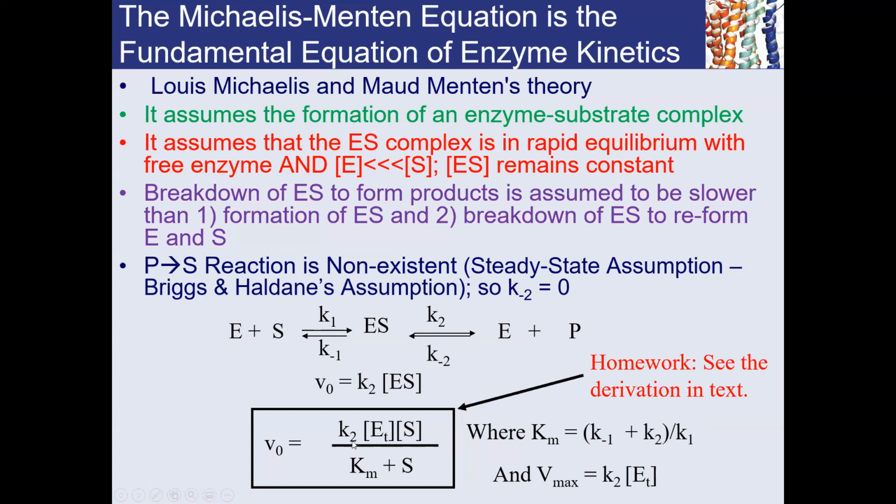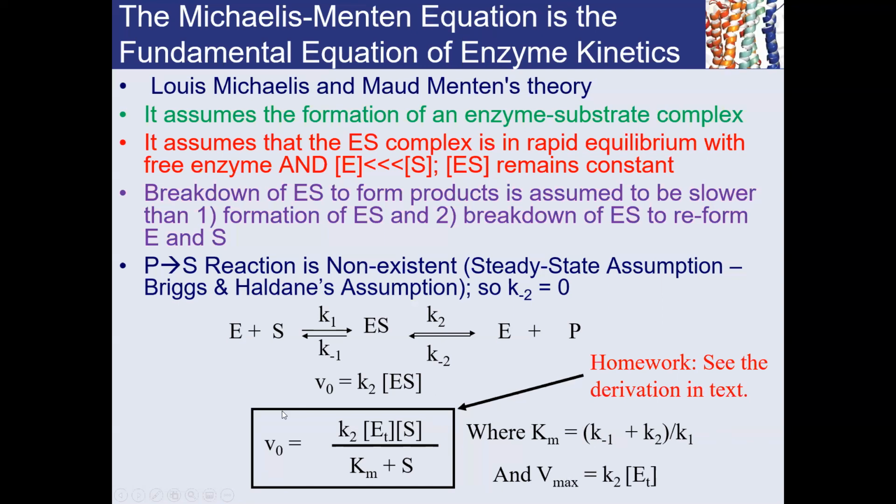And then they define another parameter called Vmax. Vmax is nothing but k2, which is the rate constant for the slowest rate-limiting step, times the total concentration of enzyme. So Vmax is defined as k2 times ET. This right here is an equation you should know very well.